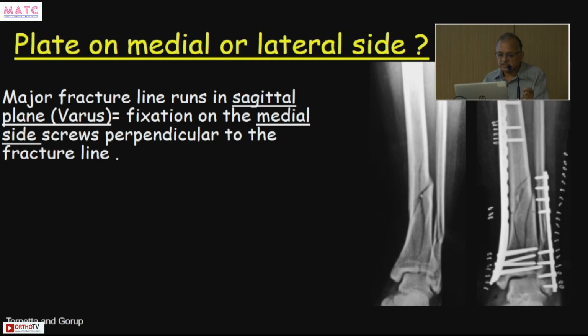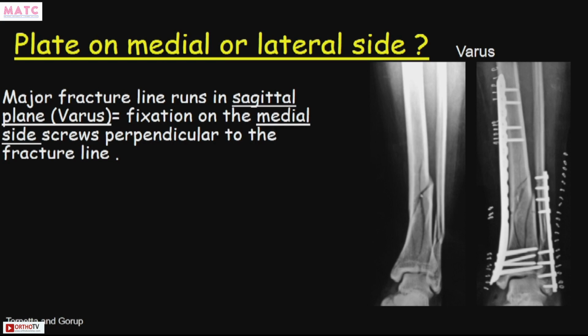So the fixation has to be where there is a compression. The fixation should be on the medial side, and your screws will be compressing the distal fragment. So the screws will be perpendicular to the fracture plane, which is in a sagittal plane. So that is how one must take a decision.